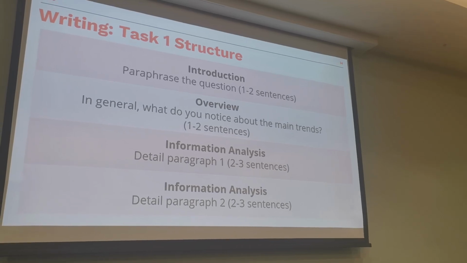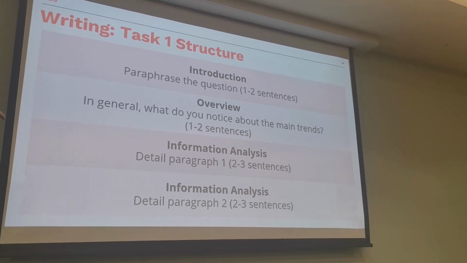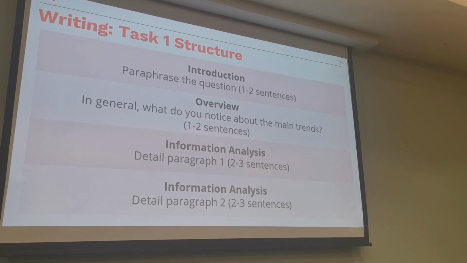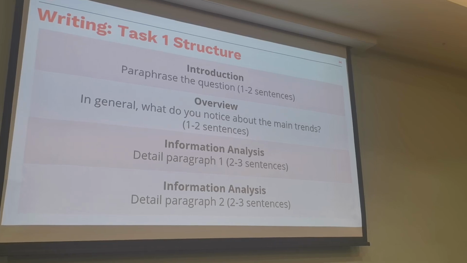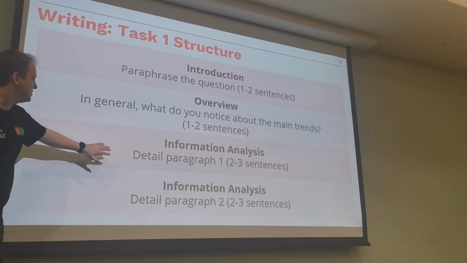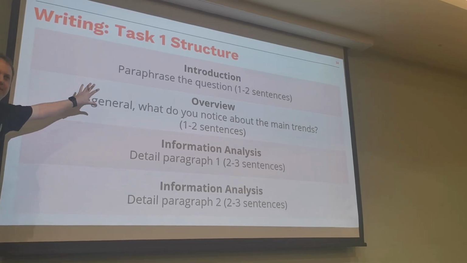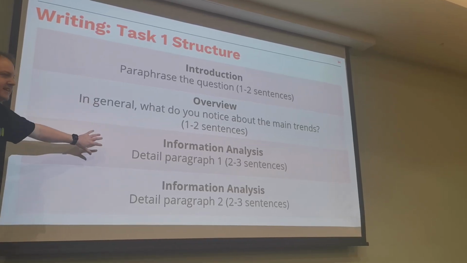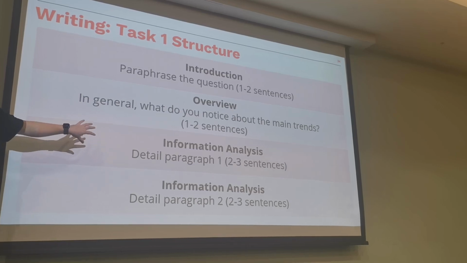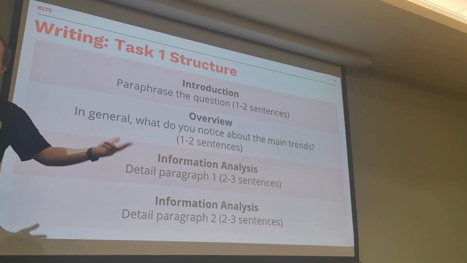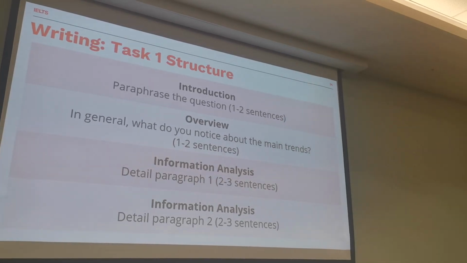So it gives a general overview and then two paragraphs where you take the information, split it into two groups, and detail them in a little bit more detail. But everything you write here will also be here, but this is just far simpler. It just makes it easier to understand what they're saying here if you cannot see the chart, the map, or the table.